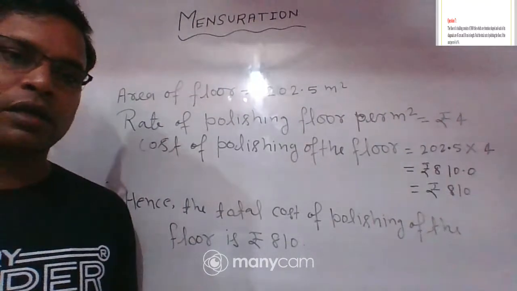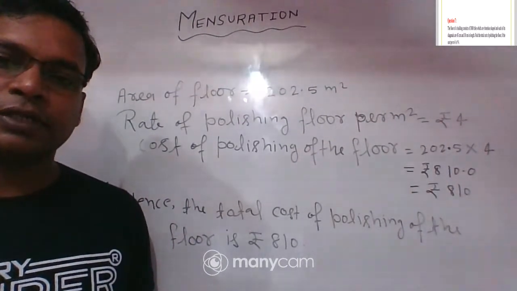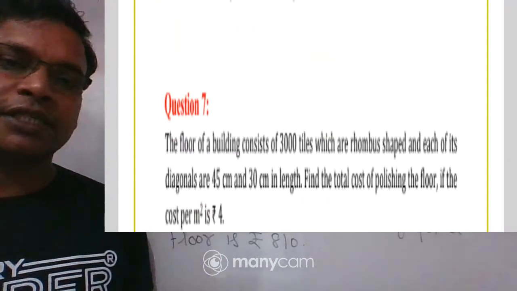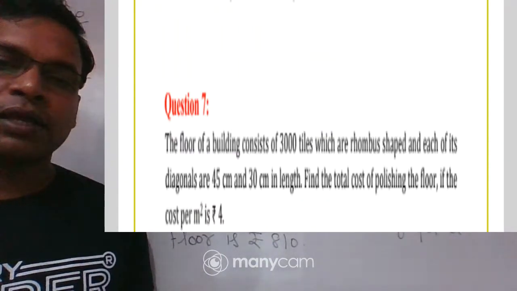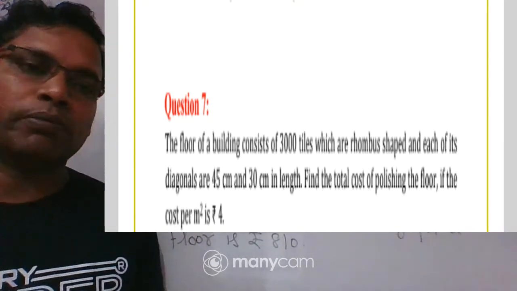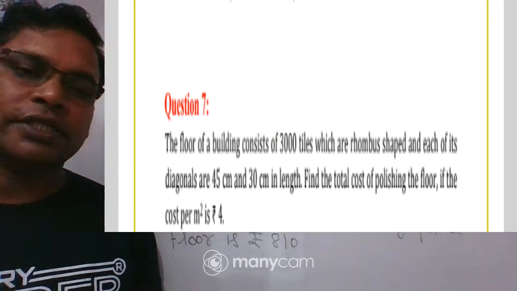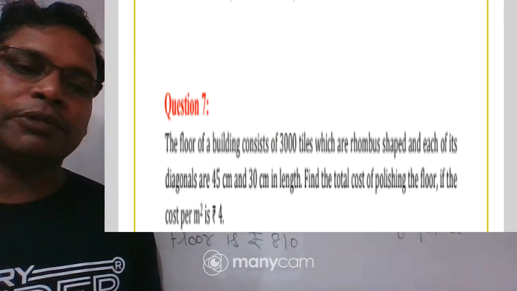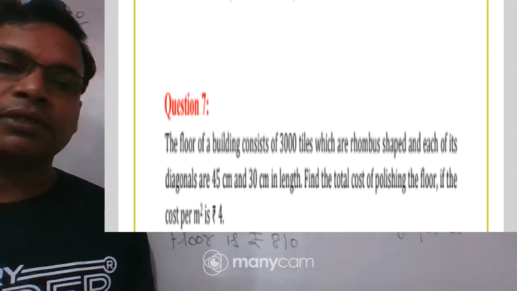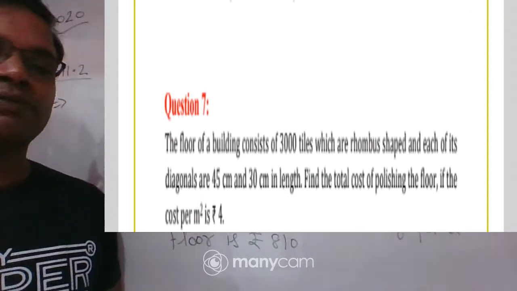Clear? In this question, you can see again, the number of tiles is given as 3000, and the tiles are in the shape of a rhombus, whose diagonals are given as 45 centimeters and 30 centimeters, and the cost of polishing is given per meter square as 4 rupees.